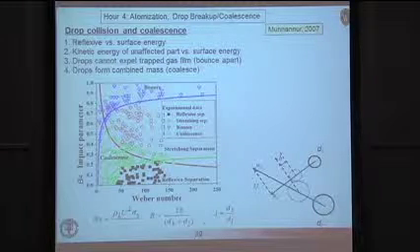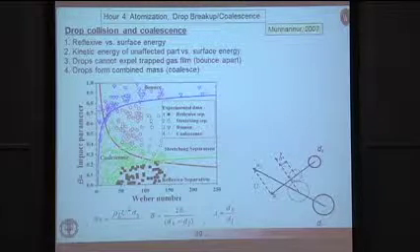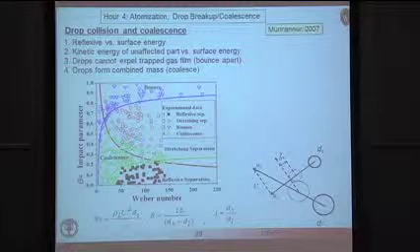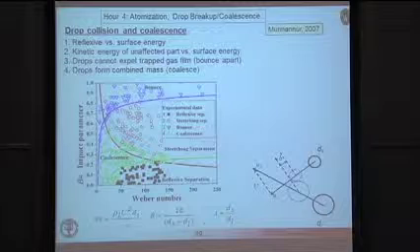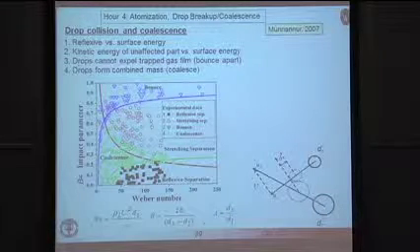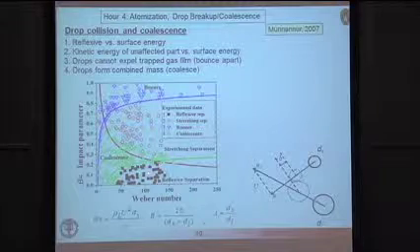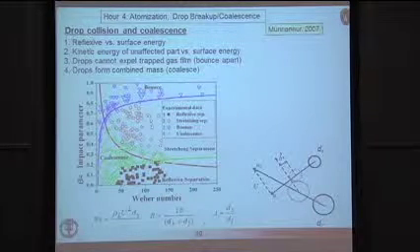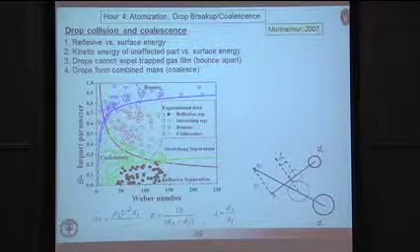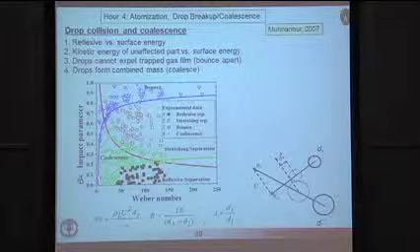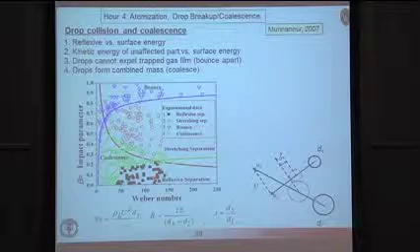Well, it's a very busy looking plot, but this shows experimental data that essentially try to group the outcome of these collisions in terms of what is seen experimentally. Reflexive separation, I'll show you pictures of these in a moment, but basically the droplets bounce off each other like you would have in the case of a tennis ball hitting a surface, because these are like head-on collisions. B is small over here.